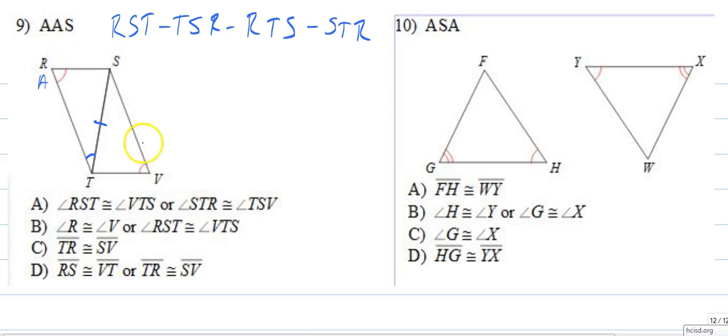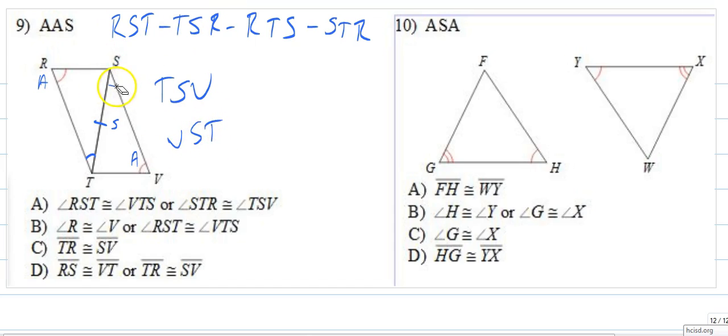Now for the right triangle, we have an angle, we have a side. Any one of the other angles will work. If it's up here, the angle would be TSV or VST.